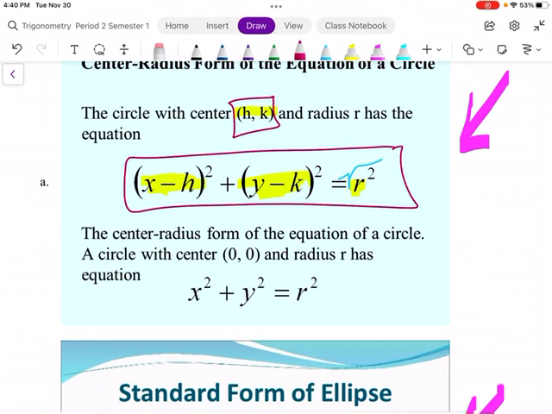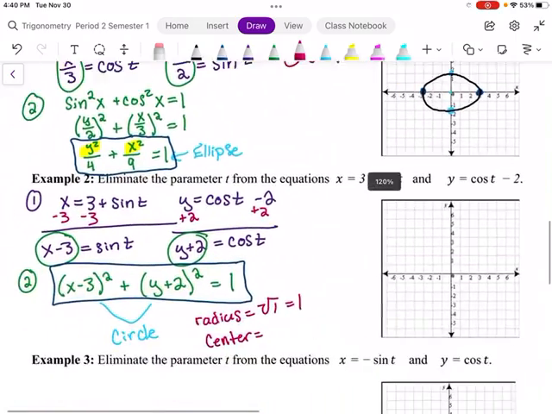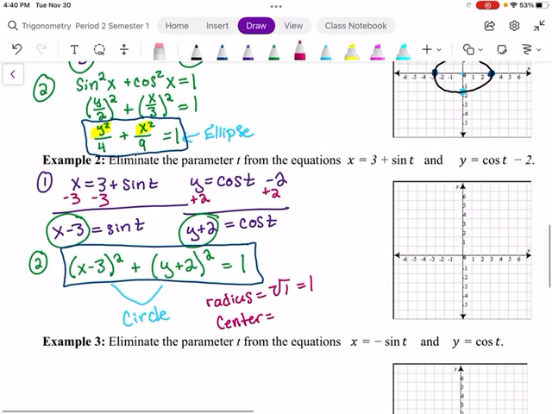But because of these negative signs, we are going to be using the opposite signs when we graph them. So what that means is our h value here is going to be 3. Our k value is going to be negative 2 though. So that is where our center will be for our circle. We're going to go to (3, negative 2).